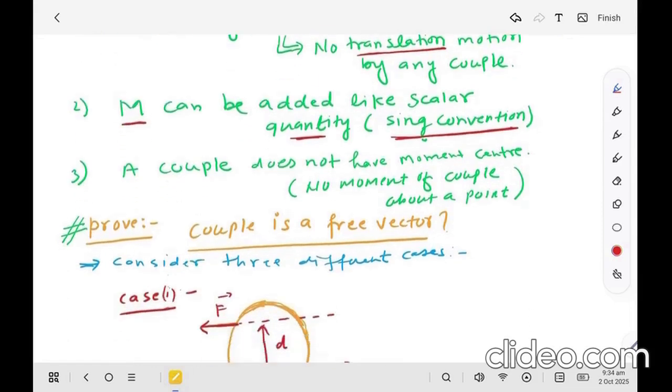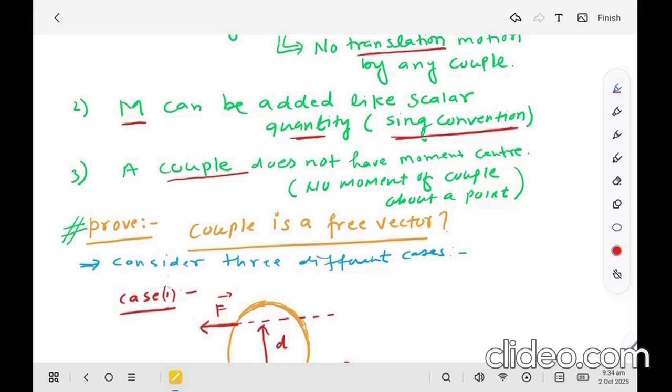The third point is that a couple does not have a moment center. It means we never estimate the moment of a couple about a given point. In the case of forces, we always estimate the moment of a force about a given point, or about a line passing through a given point.